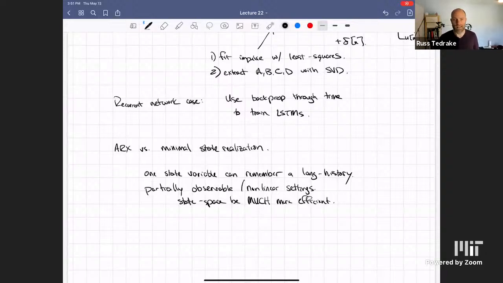Then potentially with less data, I'm more likely to have covered my state space. Is that the point you were making, Bilkit? Yeah. Cool.